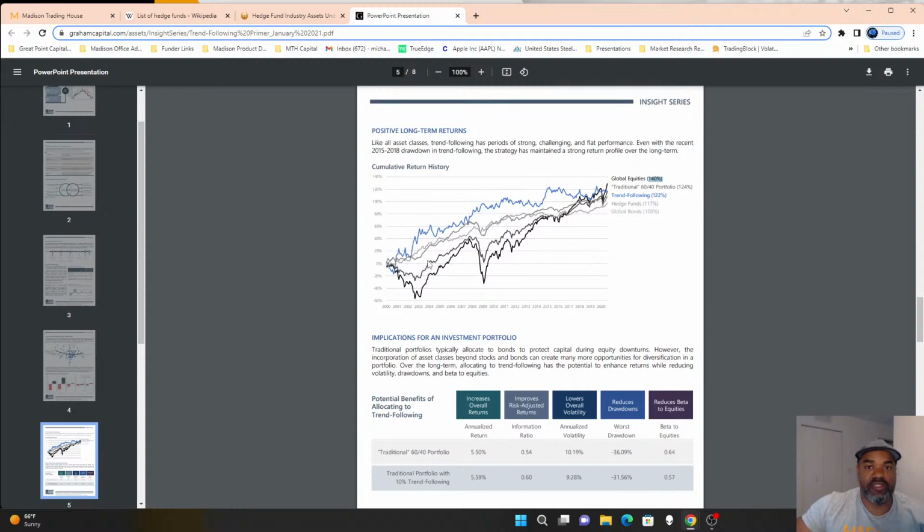Bonds were more consistent for obvious reasons. We have a lot of government buying of bonds that keeps the market fairly stable. But when we look at this graphic, at trend following, the blue line, what they're saying is that the volatility in the returns has been less dramatic, meaning that because they can go long and short, they're able to better weather the bigger volatility in the market, which is basically true, right?